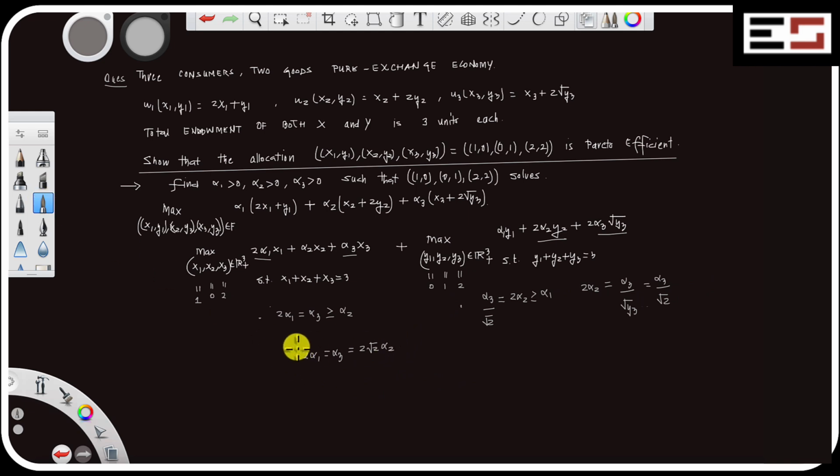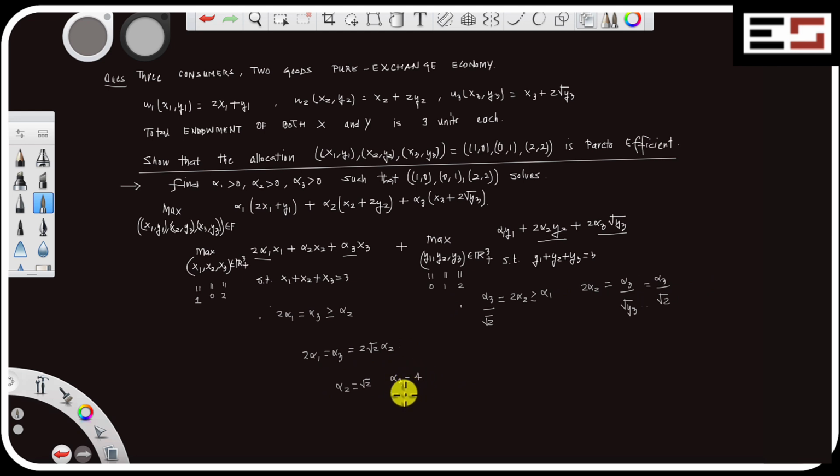So basically the problem reduces to finding alpha 1, alpha 2, alpha 3 that satisfy these equalities, and now you can choose any positive alpha 1, alpha 2, alpha 3 such that these three are equal. One possibility is we can take alpha 2 to equal root 2.